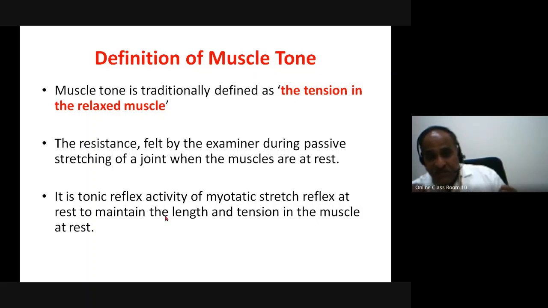The stretch of the muscle itself initiates certain important neural signaling that in turn activates the spinal reflex activity, what we call the myotatic stretch reflex. And then that would try to make the muscle remain in a partial state of contraction. That's what the muscle tone is. Now you got it. That is why I chose the third one as more appropriate.